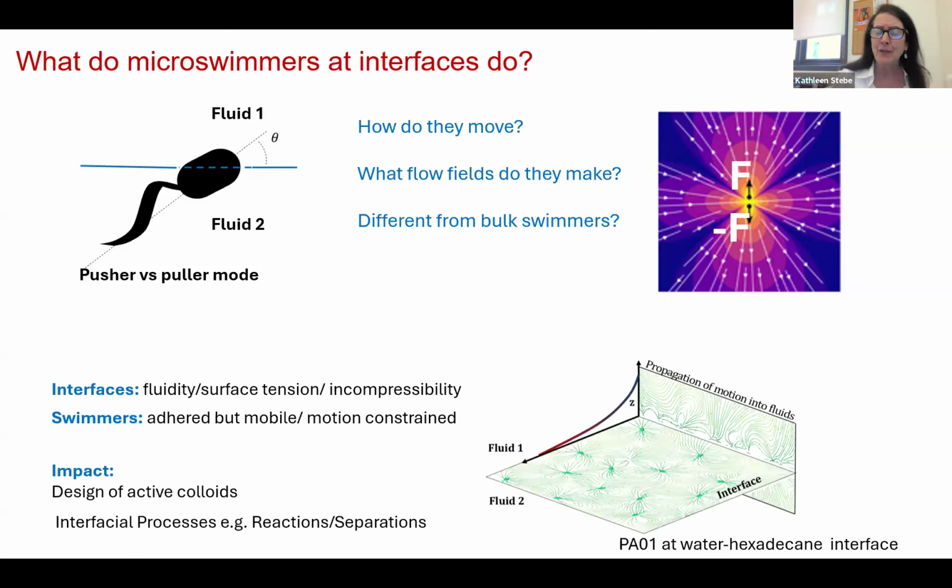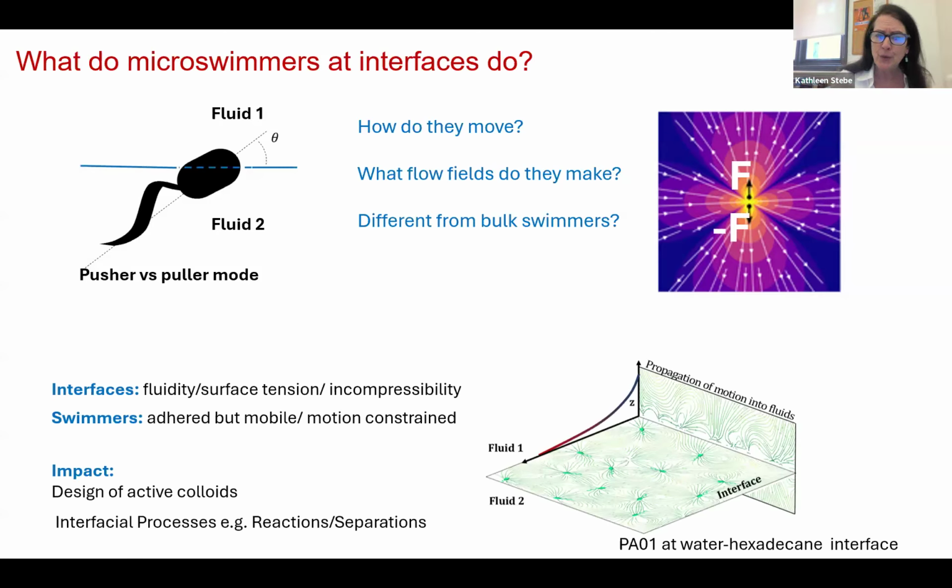I've mentioned that fluid interfaces are special domains. They're a fluid space, a space with very high interfacial tension, and they tend to become a 2D incompressible sheet in the presence of scant surfactants. Swimmers on an interface can be stuck on the interface and yet remain mobile if that interface is fluid. Their motion can be constrained, as I mentioned, because of surface tension and contact line pinning.